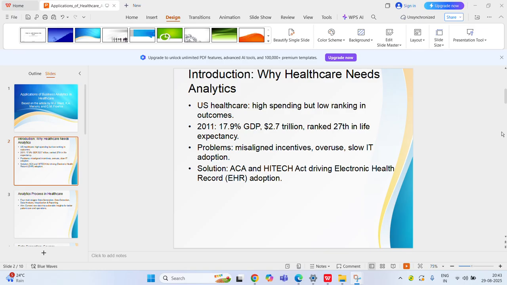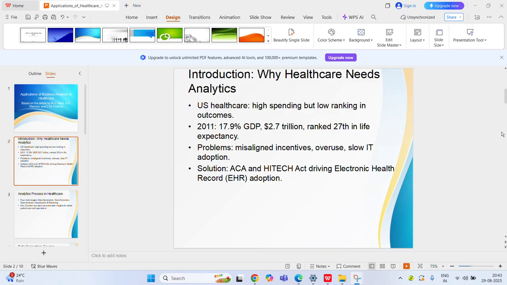So before I proceed with the presentation, let's discuss what business analytics is all about. It is the iterative process of exploring past performance and current data to gain insights, predict future outcomes, and make data-driven decisions for business improvements.